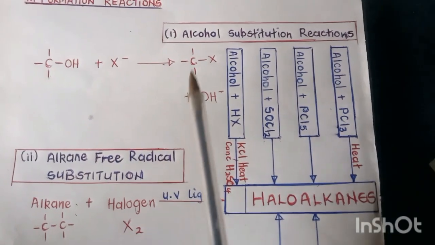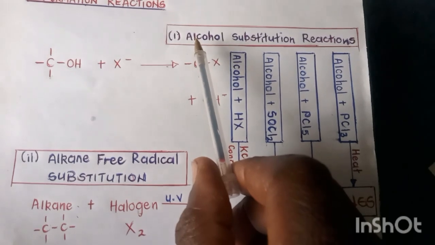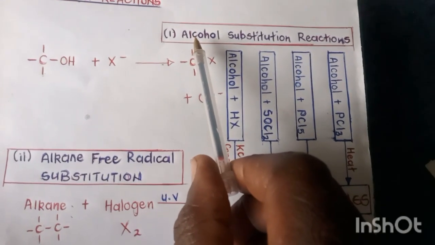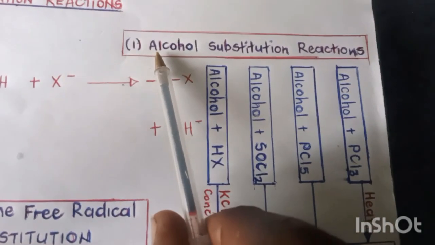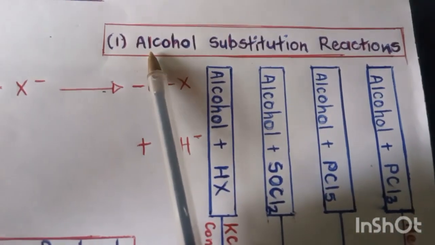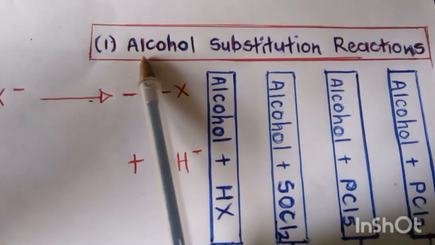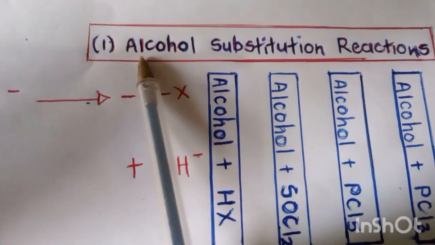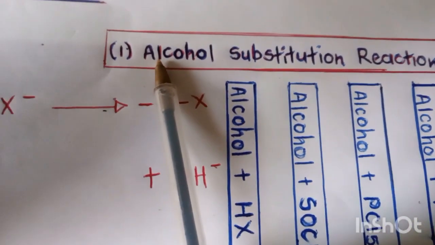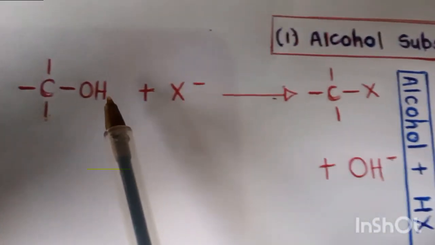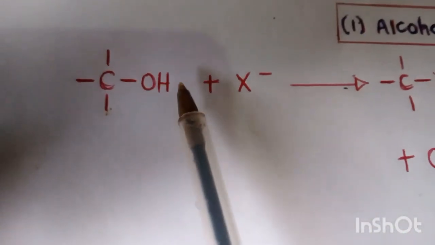The first type of reactions that can be used to make haloalkanes are known as alcohol substitution reactions. These are reactions in which an alcohol is represented by that displayed formula there.